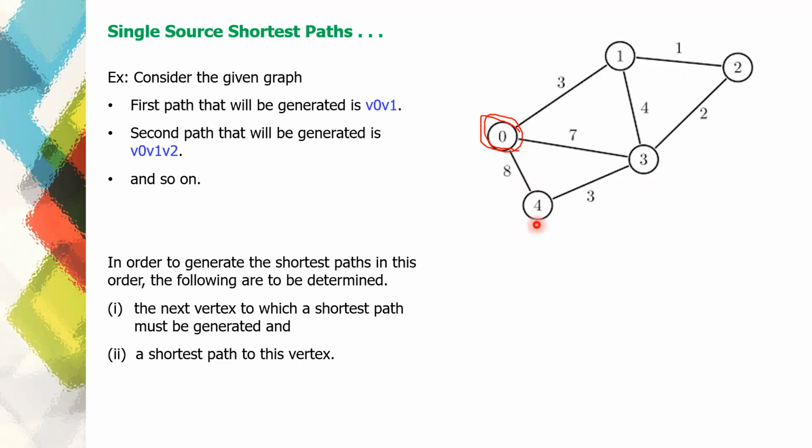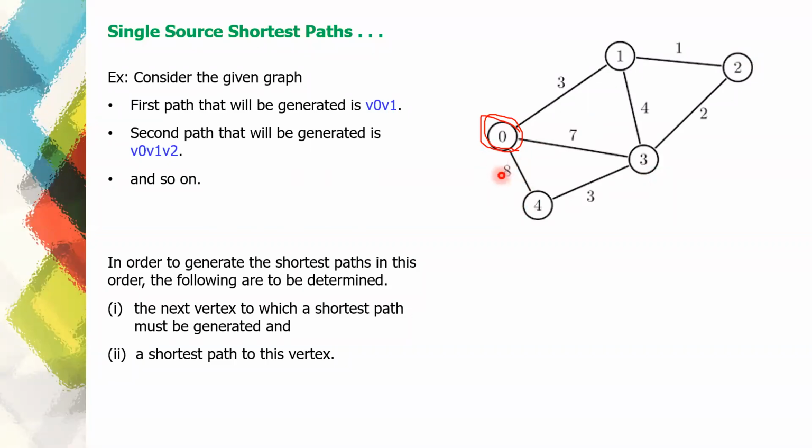Now among vertex 1, 3, and 4, I'll have to make a greedy choice. I have to select a node which is nearest to vertex 0. The distance from 0 to 1 is 3. The distance from node 0 to 3 is 7. The distance from vertex 0 to 4 is 8.